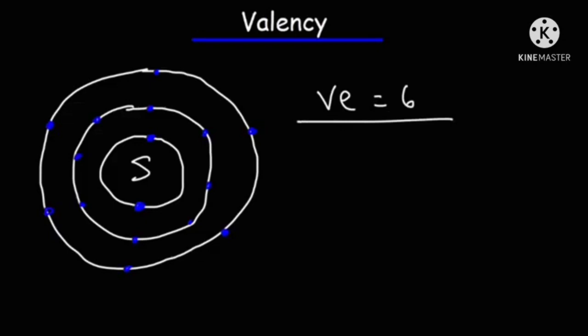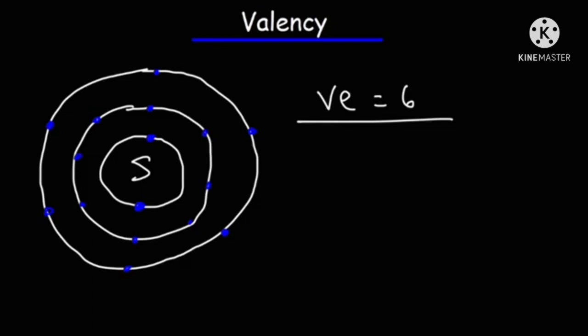My dear children, in the periodic table some elements will have variable valency. Some elements will acquire electrons in order to get stabilized. Some elements will lose electrons to get stabilized.